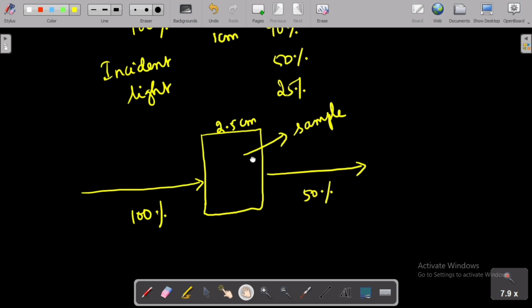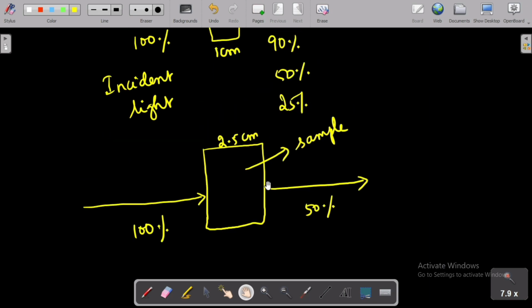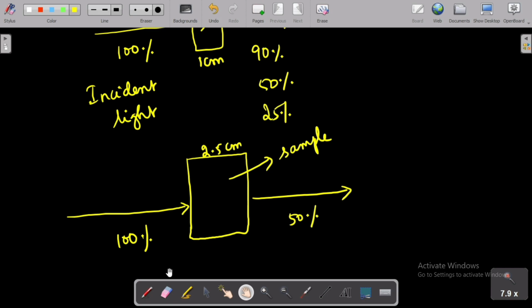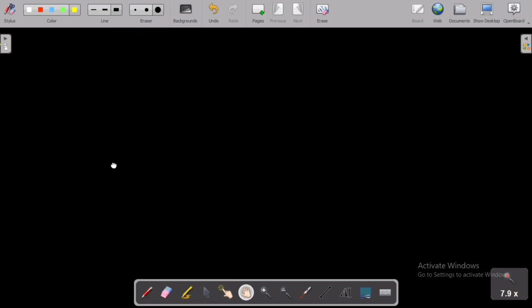This one is known as Lambert's law. Therefore, the decrease in intensity of the incident radiation is directly proportional to the length or thickness of the sample cell, or thickness of the container. Then what is Beer's law or Beer-Lambert's law?